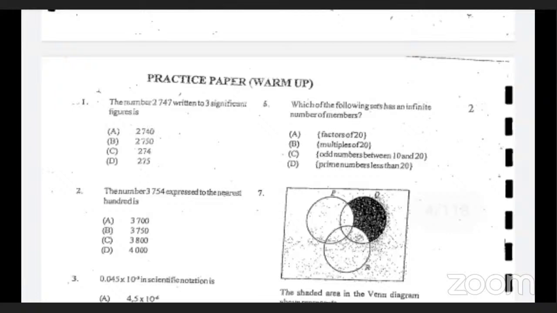Miss, for number 3, is it 0.045 multiplied by... Not yet, we're not taking the answers yet. Hold on, this is not on the answer sheet. We can't see the number properly. Is it negative 3 or 3?